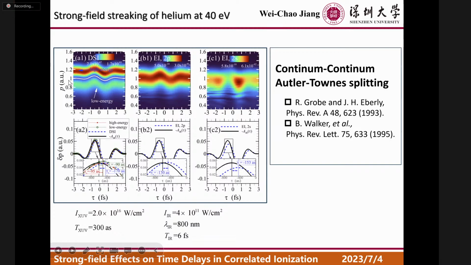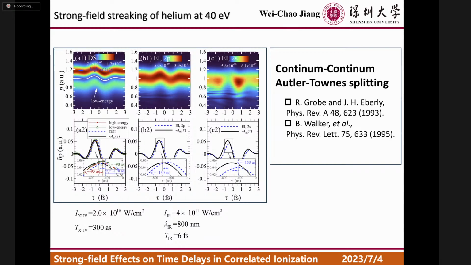Such a splitting of the peaks was previously studied by Avery a long time ago in a two-electron reduced dimensional TDSE calculation. Avery first predicted this kind of splitting, and it is usually called the continuum Autler-Townes splitting.